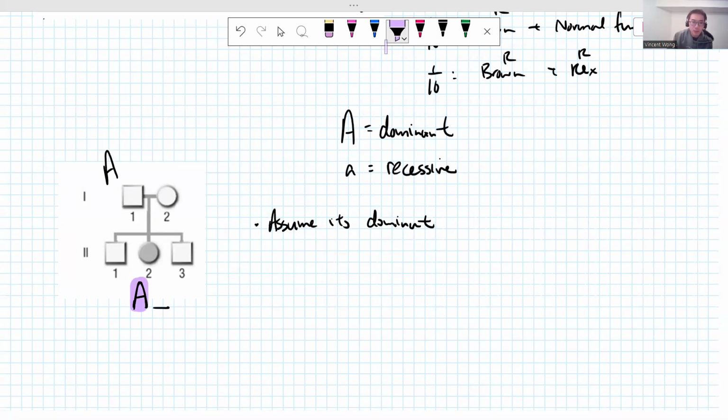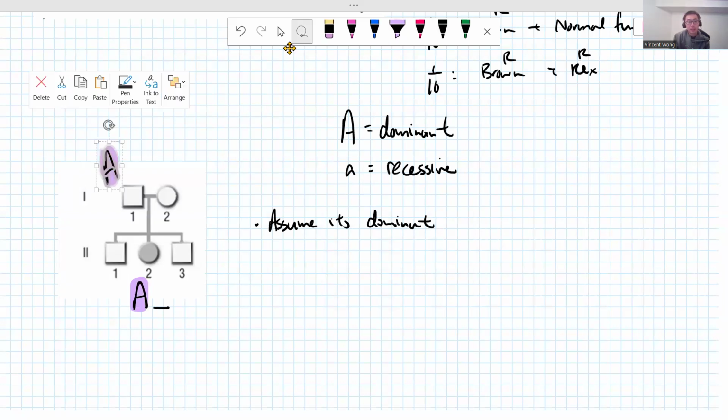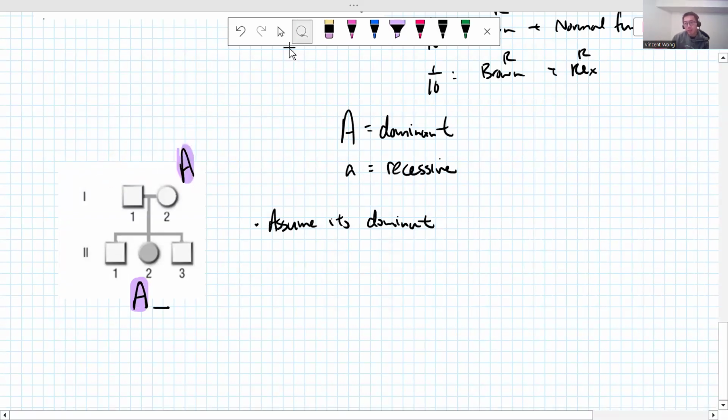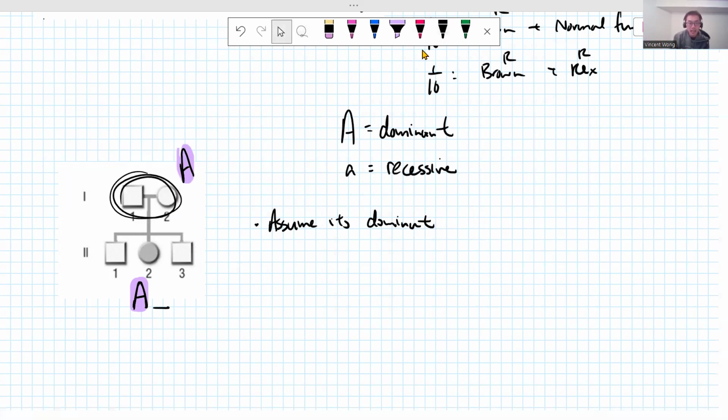But that's not possible, because the father would have the same trait, but he doesn't. Maybe it came from the mother, but that's not possible either, because she would also have the trait, and neither of the parents has the trait.